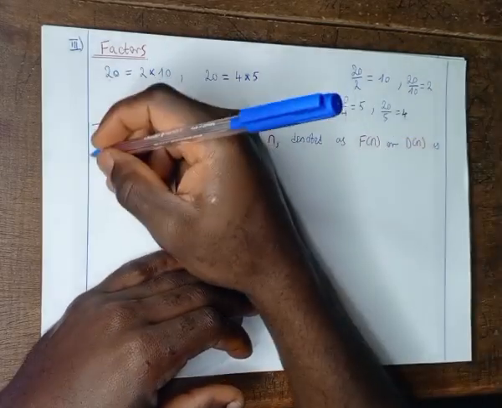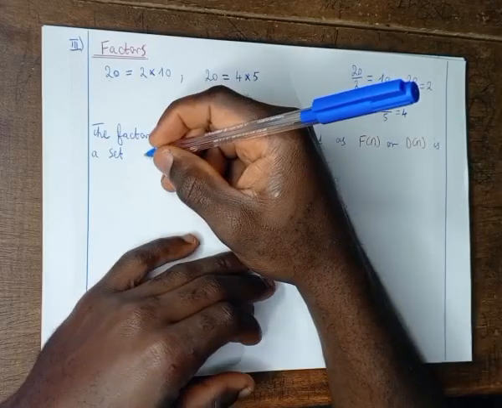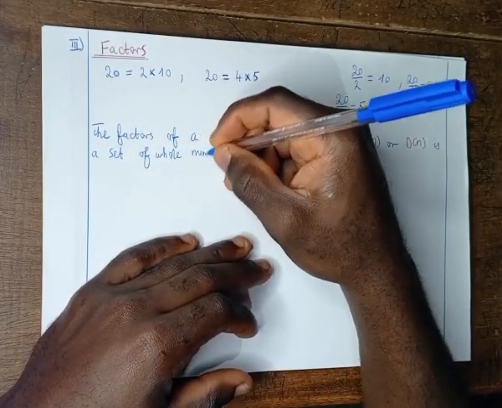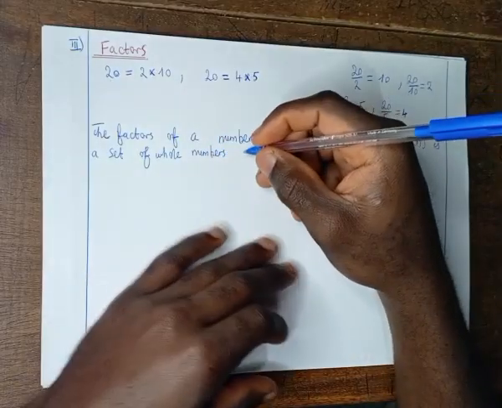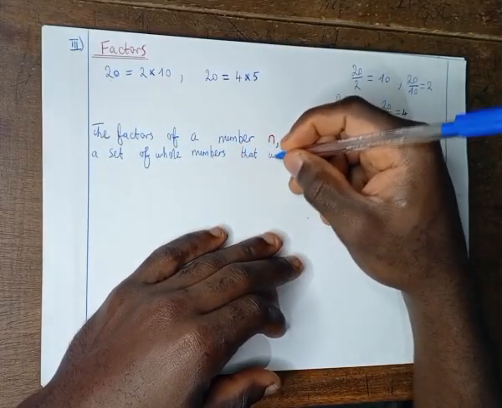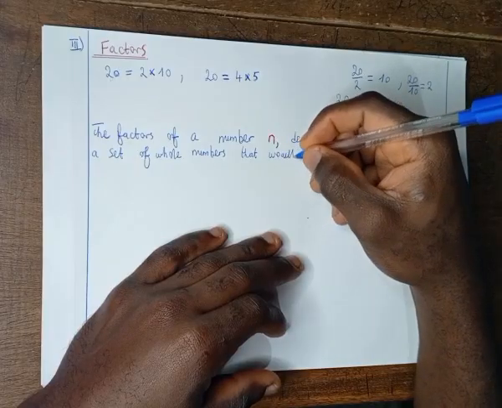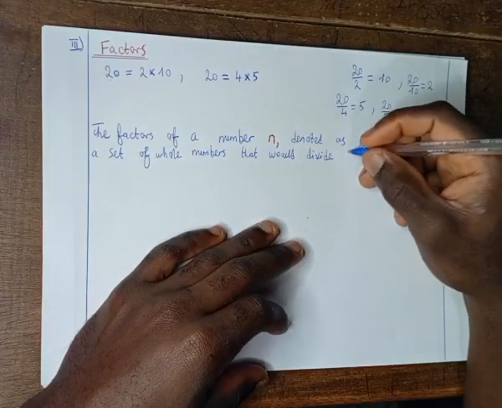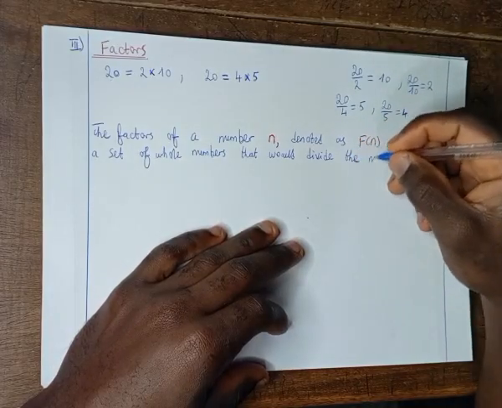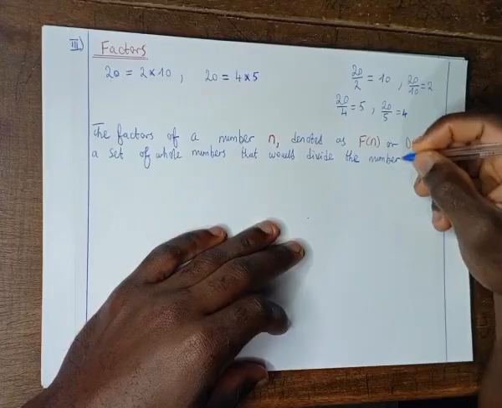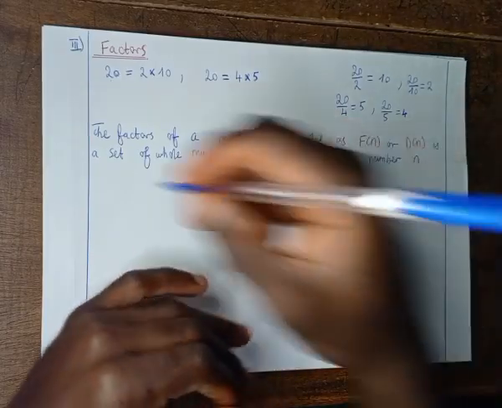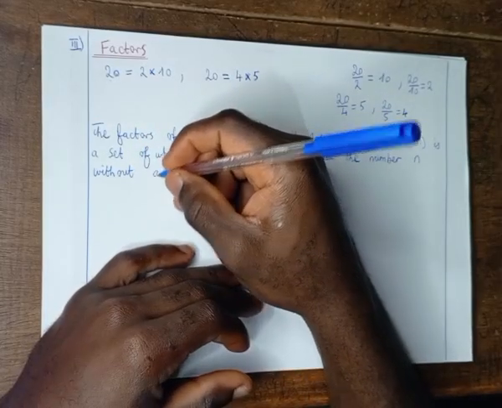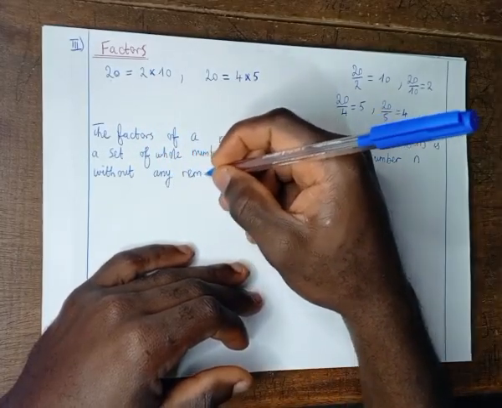is a set of whole numbers that would divide the number n without any remainder.